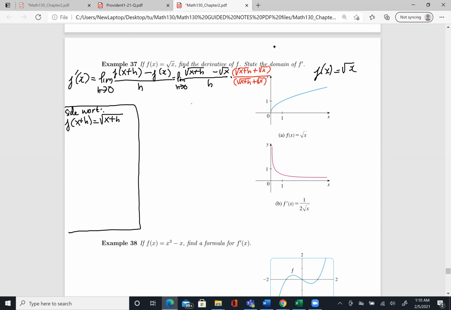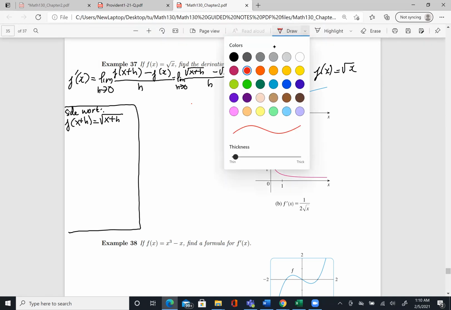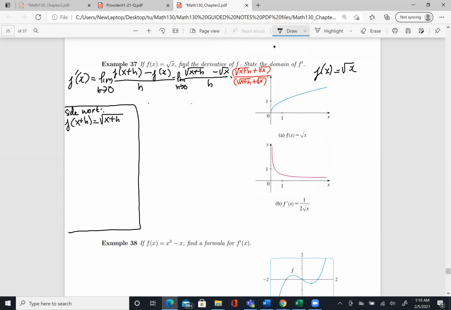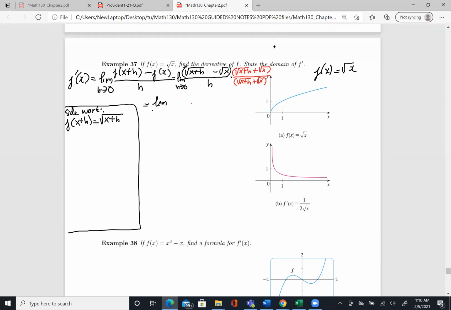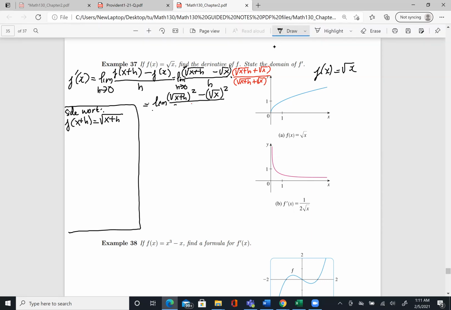So now you actually can have the limit of, I should have a parenthesis here so I don't forget, the limit of square root of x plus h, everything squared, minus square root of x squared, and then divided by h, multiplied by square root of x plus h plus square root of x.